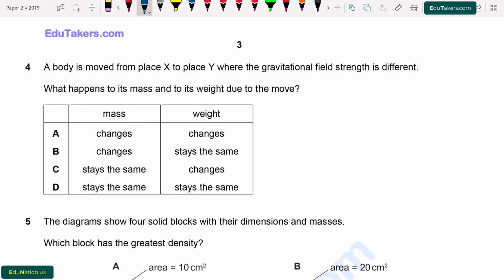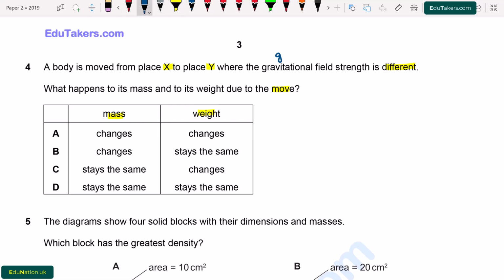Question number 4. A body is moved from place X to the place Y where the gravitational field strength is different. It means that the value of G is different. What happens to its mass and its weight due to the move? Mass and weight is given. What will be the effect on the mass and the weight when the body is moved from the place X to Y where the value of G is different?